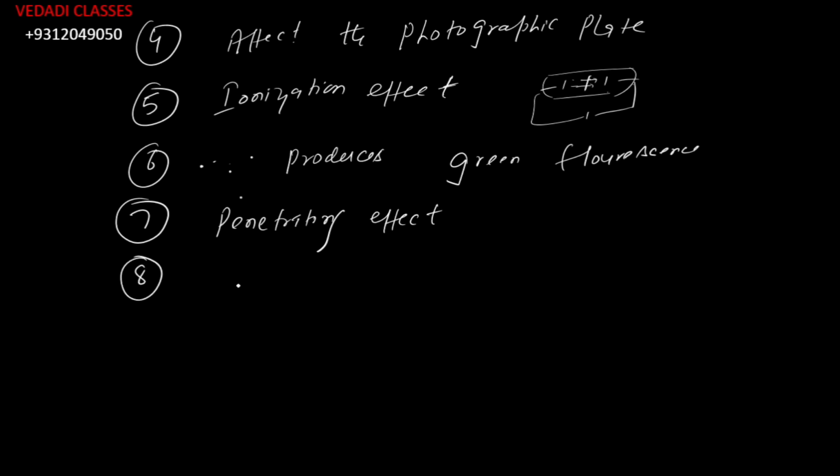Now the next one, as we know, the cathode ray is made of particles, so it has a particle nature. And the last property: since it moves towards the anode, which is positively charged, it is proved that the cathode ray is a negatively charged particle.